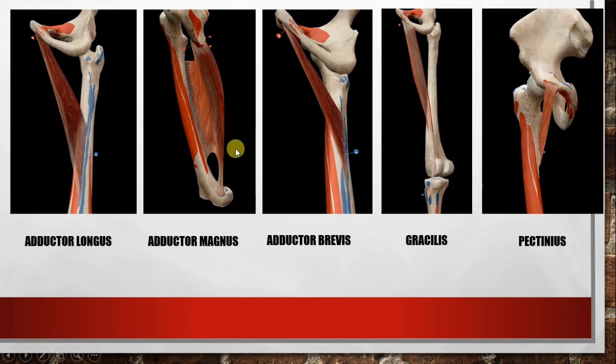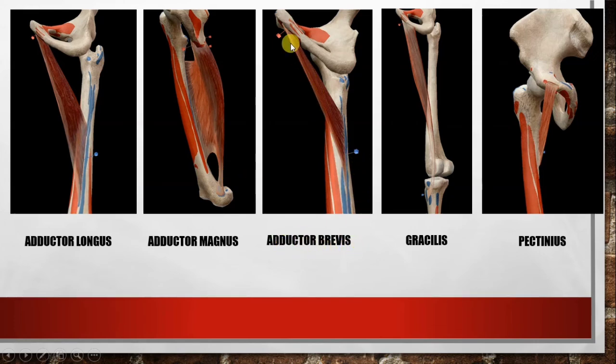Through the adductor hiatus, the femoral artery and femoral vein cross from the anterior part towards the posterior part of the thigh and become the popliteal vein and popliteal artery.